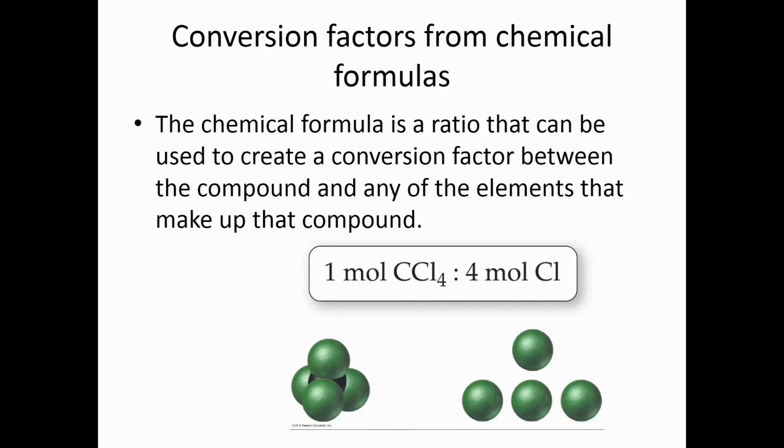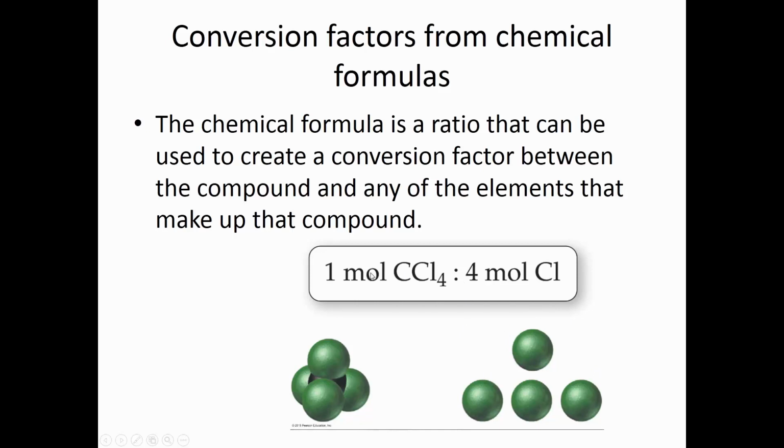Okay, the last thing I wanted to talk about in this section is looking for conversion factors from chemical formulas. When we look at a chemical formula, that chemical formula is itself a ratio, and it's something we could use as a conversion factor. So here we're looking at carbon tetrachloride, and every time you have a carbon tetrachloride, you have four chlorines.